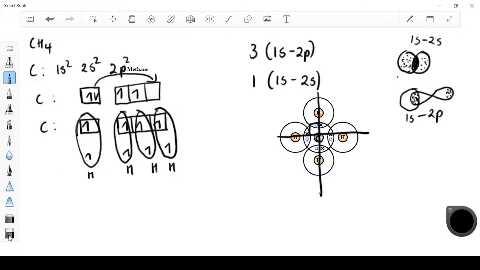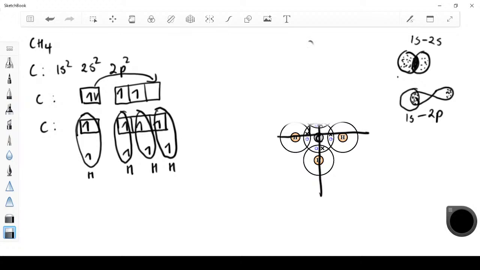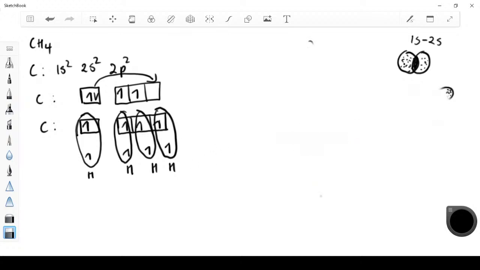So what does hybridization entail? I told you that we have directional behavior in p orbital and comparatively high energy. Those are the properties of the p orbital. Now the s orbital has less energy and non-directional behavior.